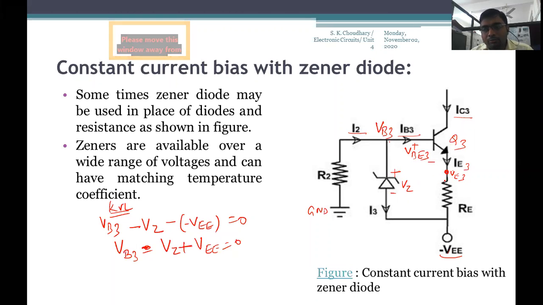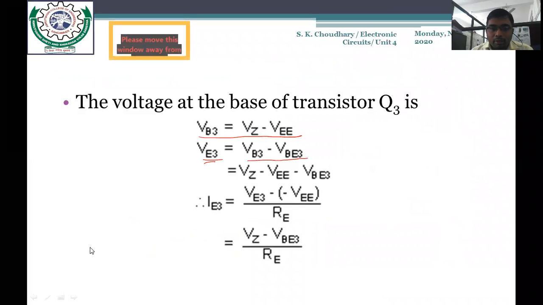We have already defined the equation for VB3, which is substituted in this equation, so that VE3 equals VZ minus VEE minus VBE3. In this way we can calculate the emitter voltage of the transistor Q3.